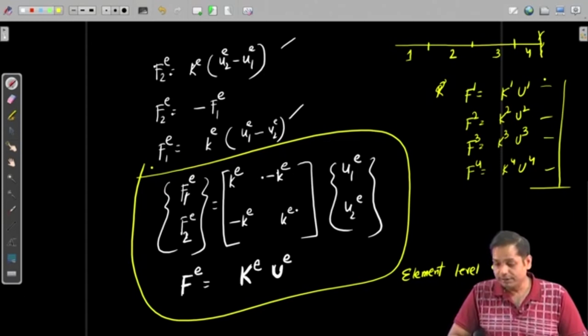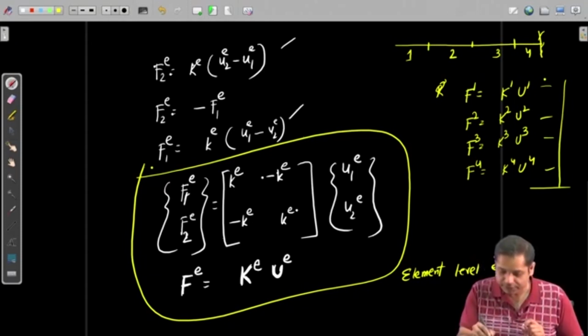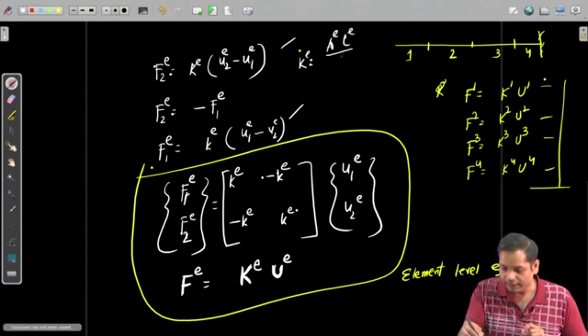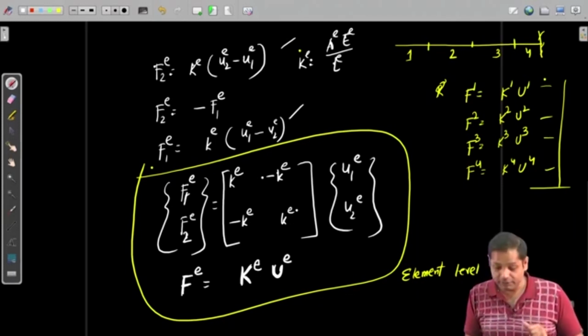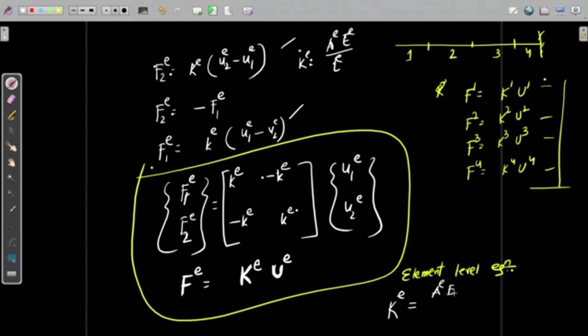Before that, if we substitute the expression of K, we have already seen that Ke is equal to A E E E divided by L E, and if you substitute that here, then the expression for Ke will be A E over L times the matrix (1 minus 1, minus 1 1).